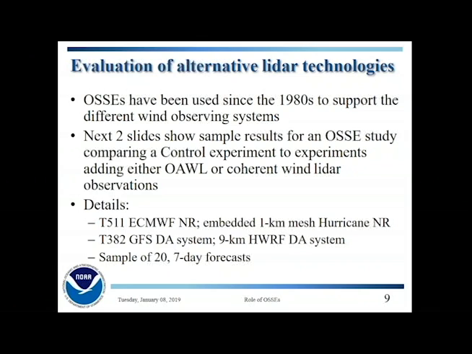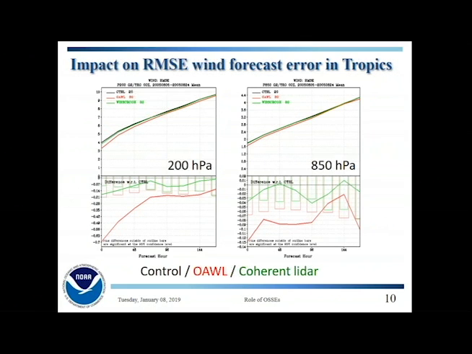At the bottom of the slide, I have some of the details for these experiments. It's much advanced compared to what was done in the first experiment I showed in '69, but it's still rather coarse and simplistic compared to what we're doing today. But this one does include the hurricane nature run that was shown in one of the earlier talks.